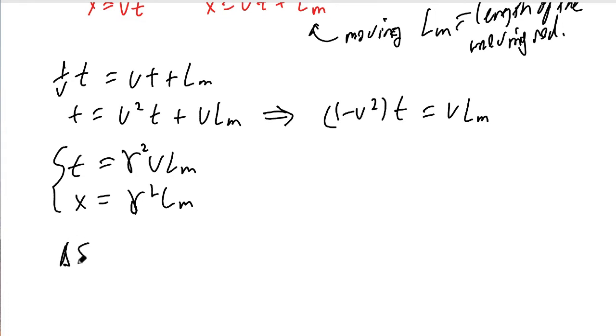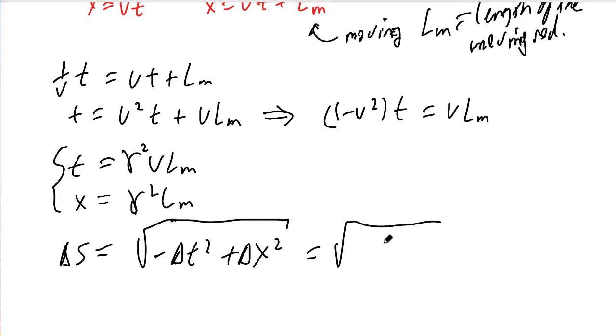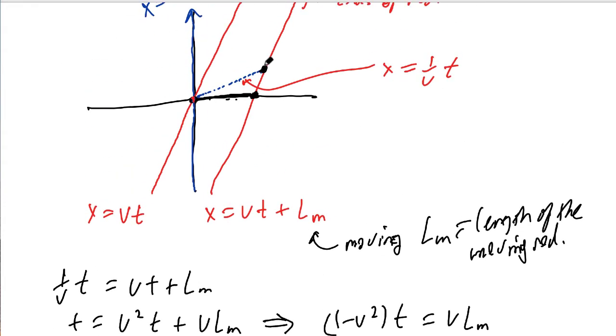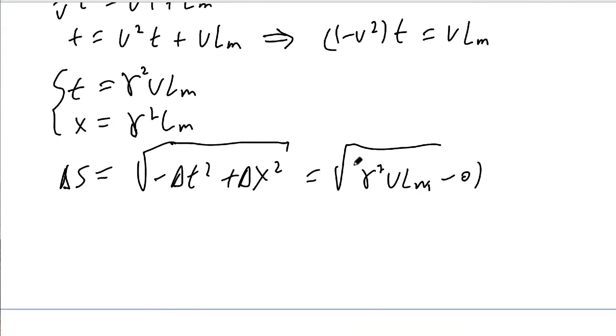Well, delta s is the square root of minus delta t squared plus delta x squared, and delta t is gamma squared v lm minus, well, since our second event is at the origin, that just has t equals 0. That's minus 0 plus delta x, that's gamma squared lm minus 0, again squared.